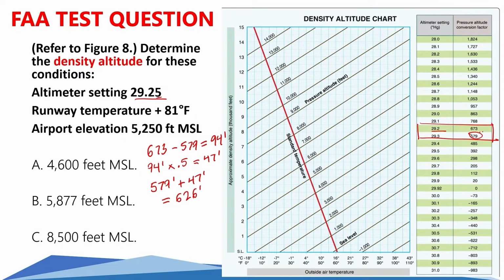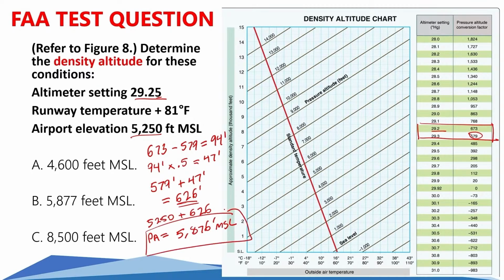So in this case, I'm just taking the 579, I'm adding 47 to it, and that gives me my conversion factor. From here, I can take the airport elevation of 5250, and I can add the conversion factor of 626 feet, and this is going to give me my pressure altitude, which is, quick math, 5,876 feet MSL. Okay, so that's step number 1.